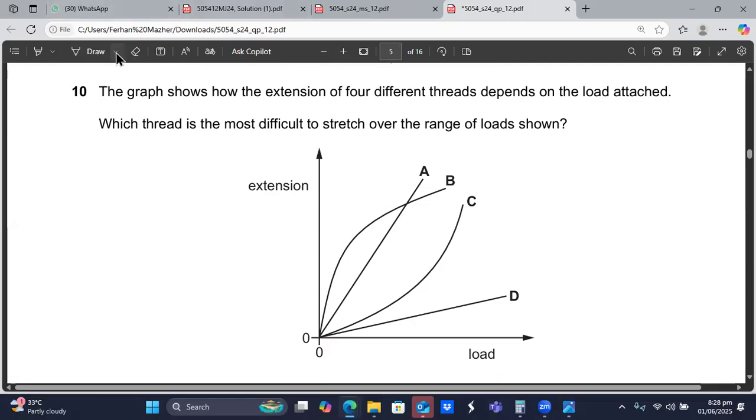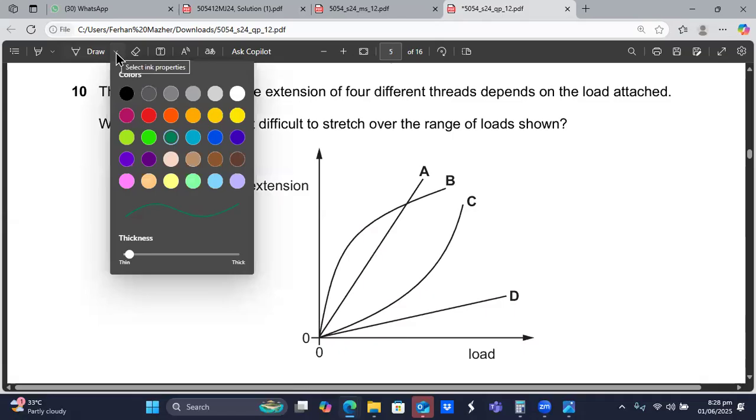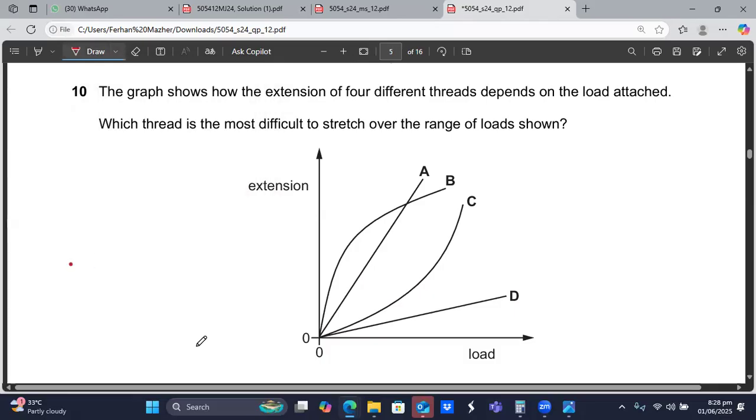On the x-axis, they have given you the load, and let me show you. So what we will do on any load, let's say I take this load. On this load, I can go up, up, up.